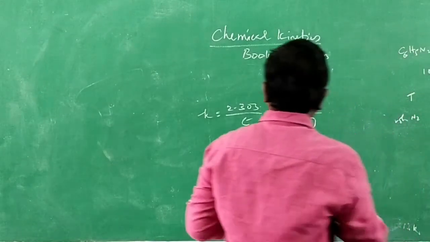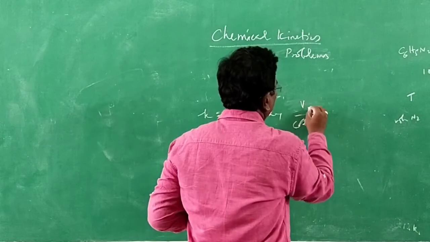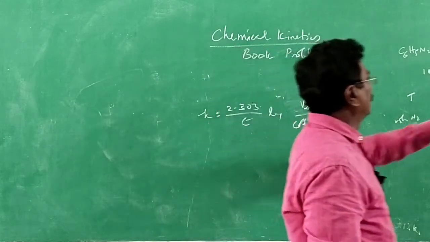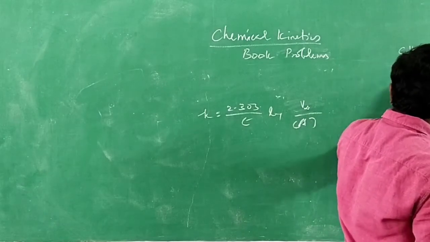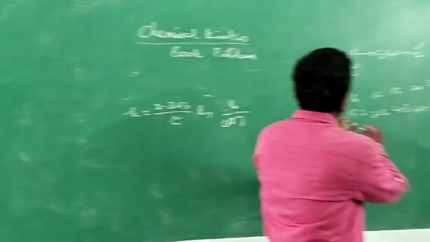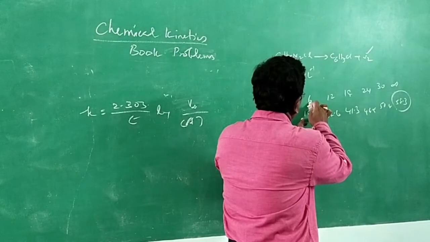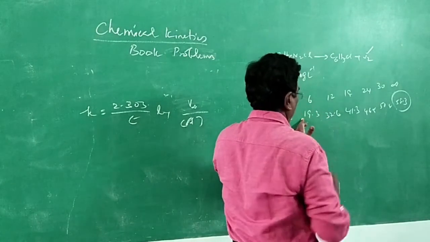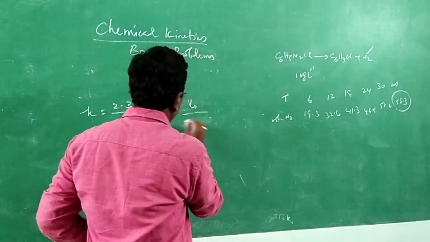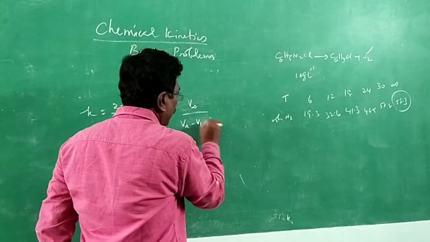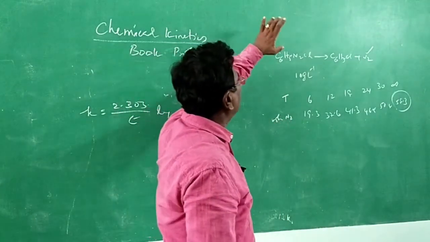Therefore, A naught may be considered as V infinity. At any time t, the concentration reacted at time t is 19.3. V infinity minus Vt may give concentration of reactant remaining at time t.